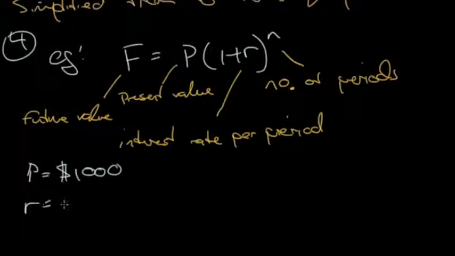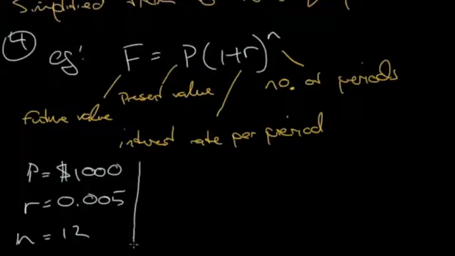R equals 0.005, so that's 0.5%, and n equals 12. That's a number of periods, and a period could be a year or a month. It's just that the units of the period, years, months, days, must be the same as the units for which we're talking about the interest rate.